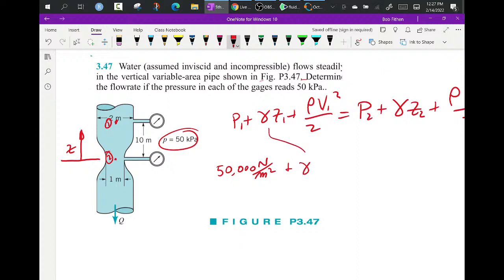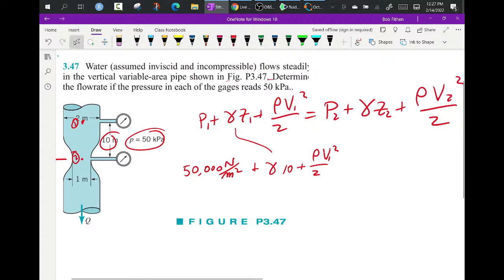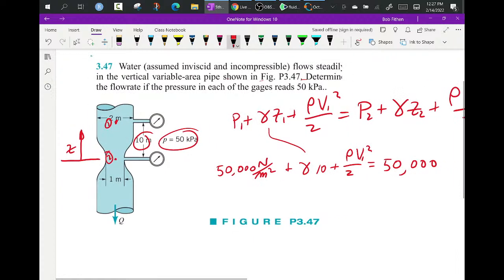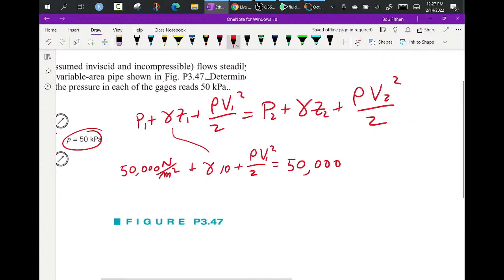We got gamma, 10 meters, times 10, plus rho V1 squared over 2 is equal to 50 plus, okay, now the datum here at 2 is 0. Gamma times 0 meters plus rho V2 squared over 2.